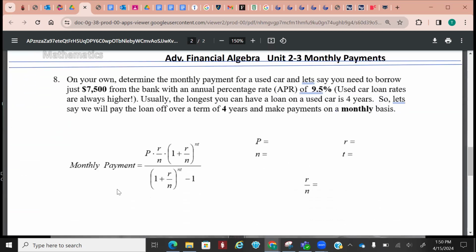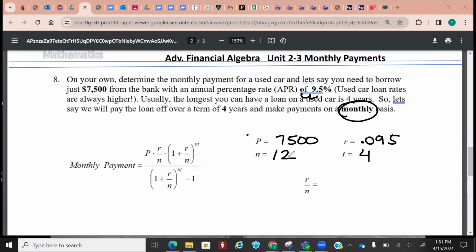So let's go ahead and do that for this problem. Our initial amount is 7,500. Then we're going to change the rate to a decimal by moving it 2 places over, so 0.095, for 4 years. And then N is the number of times that it happens in a year, so monthly. How many months are there in a year?